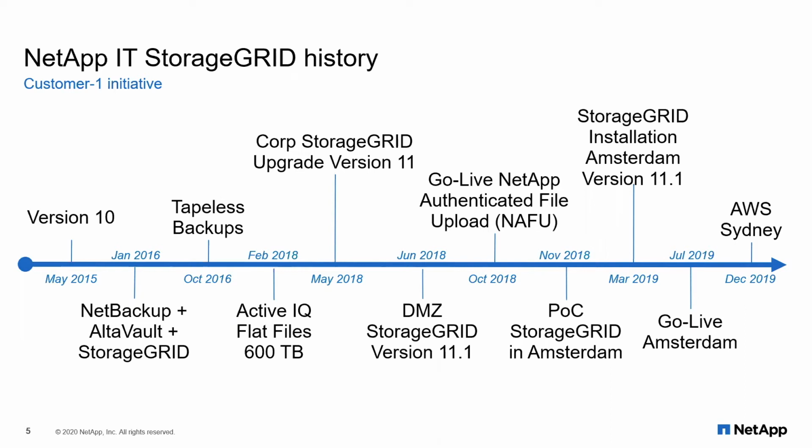That is when an application named Authenticated File Upload, NavFoo, decided to use StorageGRID as their backend storage because it fit their needs, which I will go into in later slides.